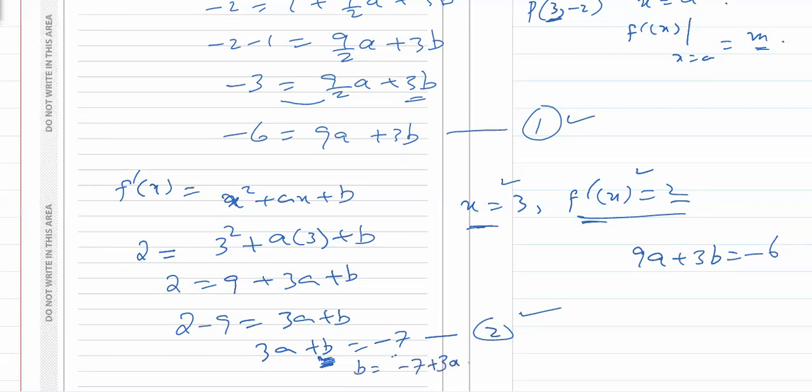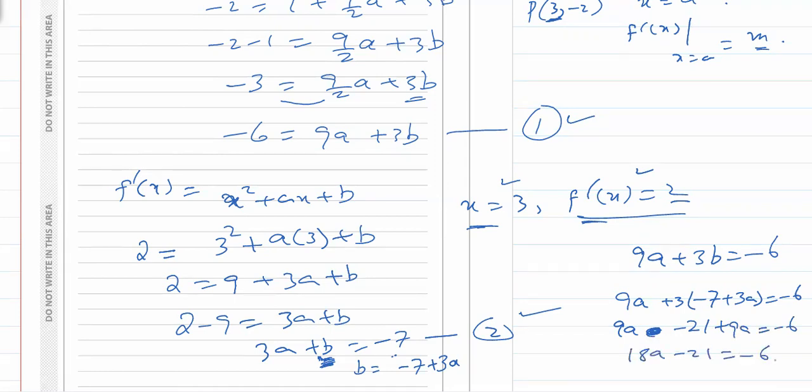This value of b put in this one. You will have 9a plus 3 into (minus 7 plus 3a) is equal to minus 6. So minus 21 plus 9a, and 9a plus 9a is 18a, minus 21 is equal to minus 6.